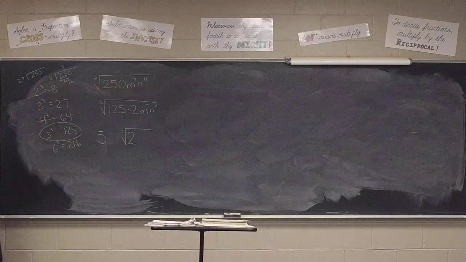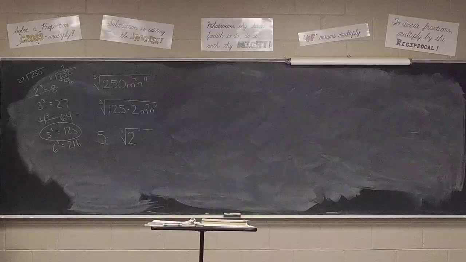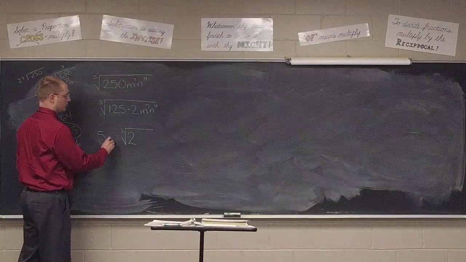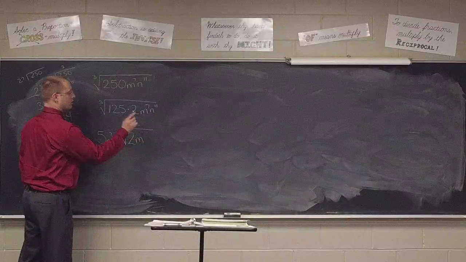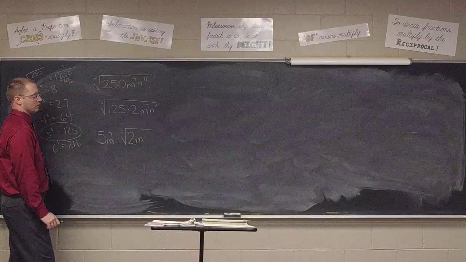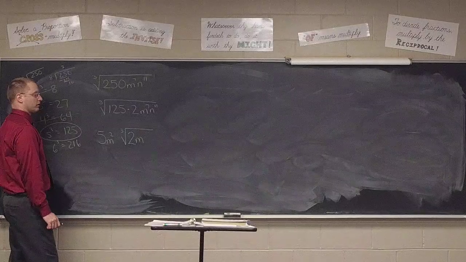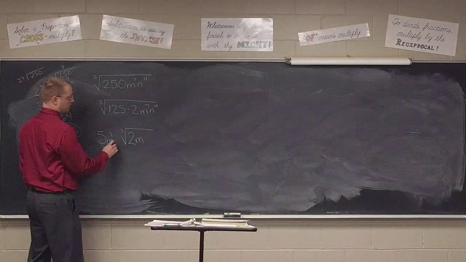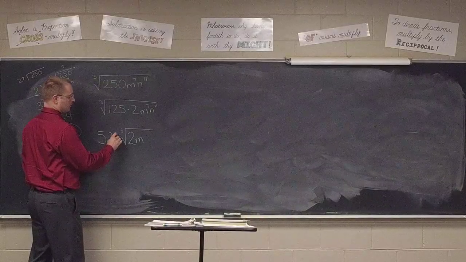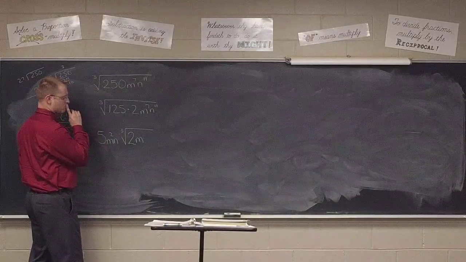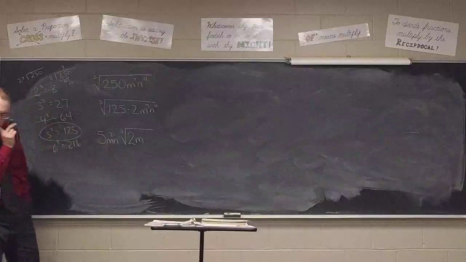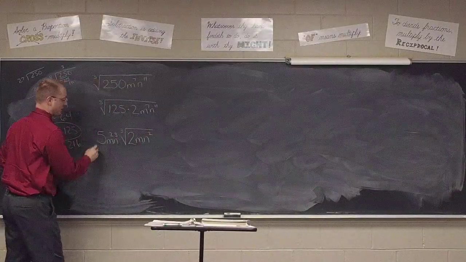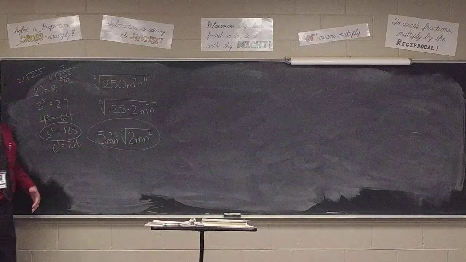All right, now let's take care of the letters. 3 can go into 7 2 times with 1 left over. And 3 can go into 11 3 times with 2 left over. There we go. And there's our answer. Lana, is this what you had?